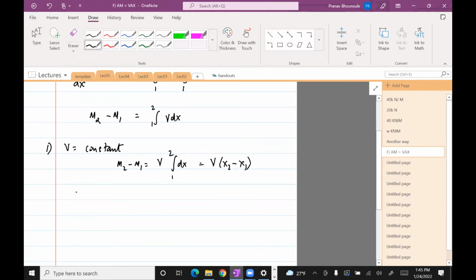In other words, M as a function of x is a linear function of x, which means that if you look at the bending moment diagram, M will be a straight line.